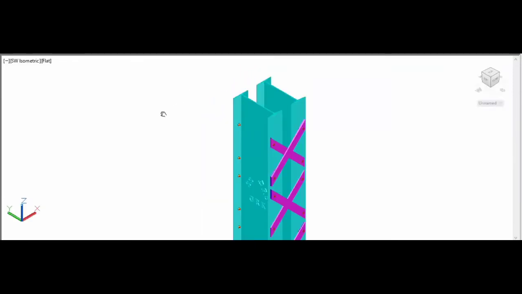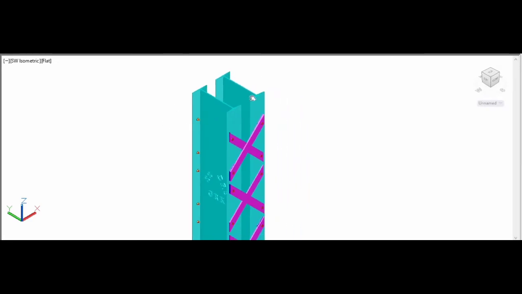This is a 3D model of two I sections joined together by a double lacing system like this, where the flats, normally designated as ISF, Indian Standard Flats, are mirrored together on either side of the flange section. This is what we say. This is the correct way of representing it.